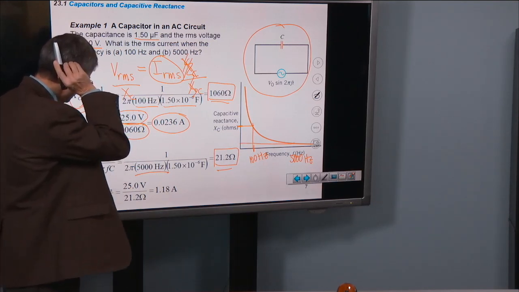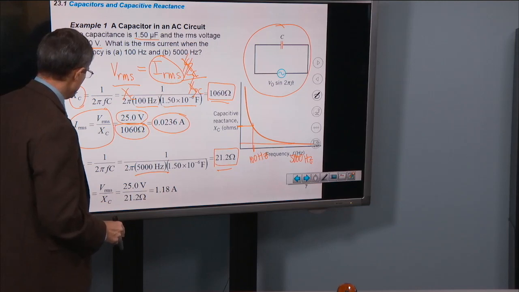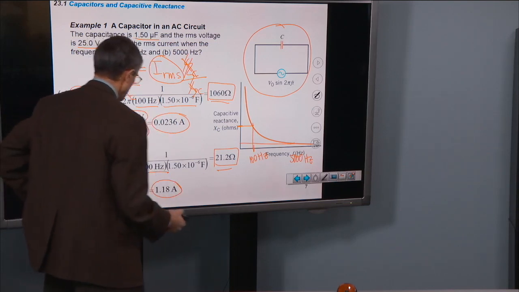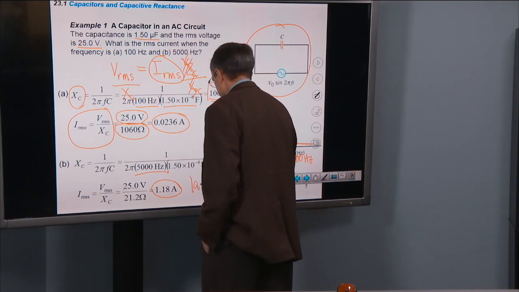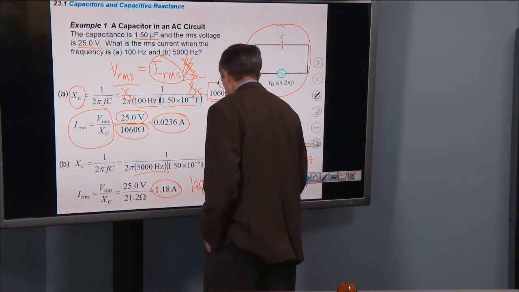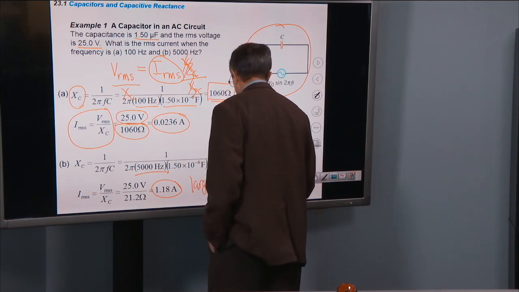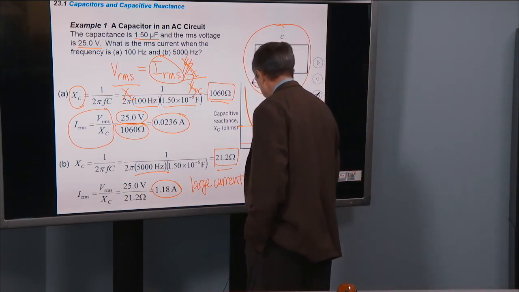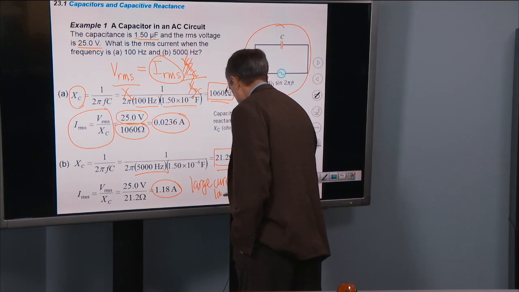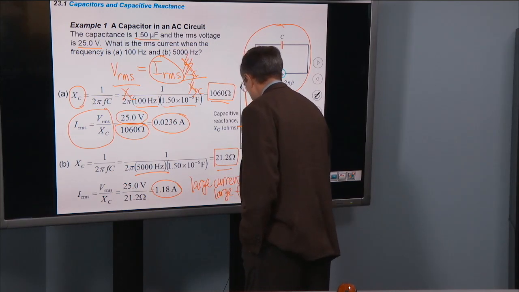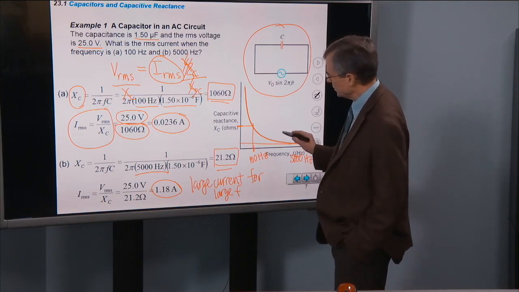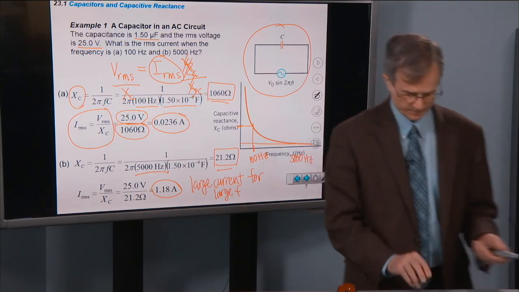If, on the other hand, X sub C is small, then we would expect a large current. They're inversely proportional. So we get a large current here for a large frequency. And we get a small X sub C for a large frequency.